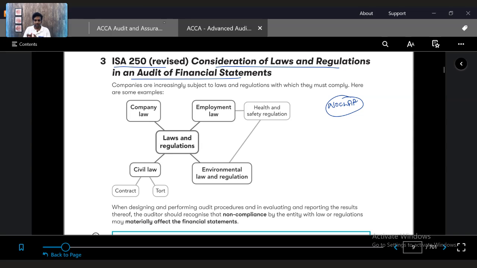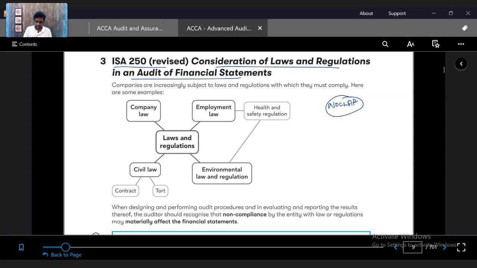But what we have to learn in AAA is what constitutes NOCLAR, what we mean by non-compliance, how it affects the financial statements, what the responsibilities of the management are in relation to NOCLAR, and what the responsibilities of the auditor are in relation to NOCLAR.